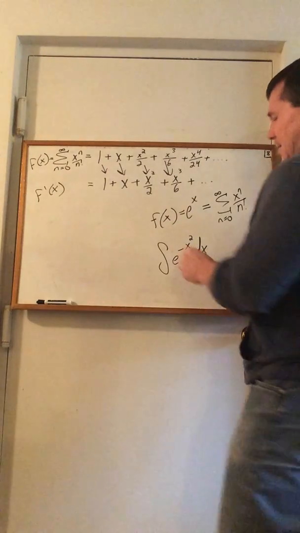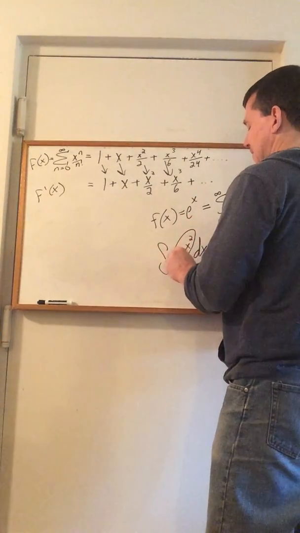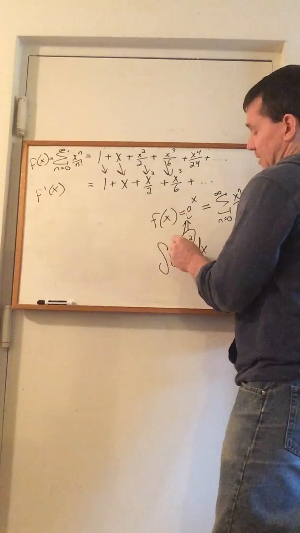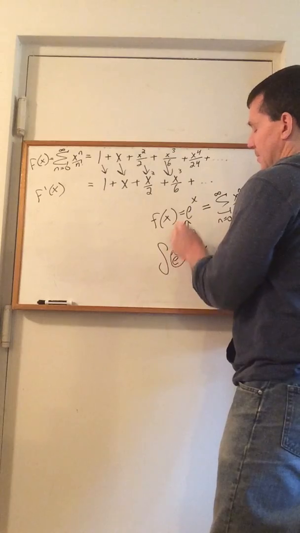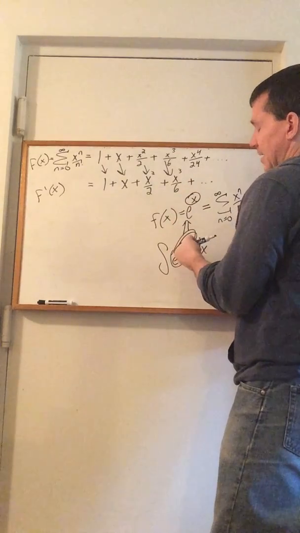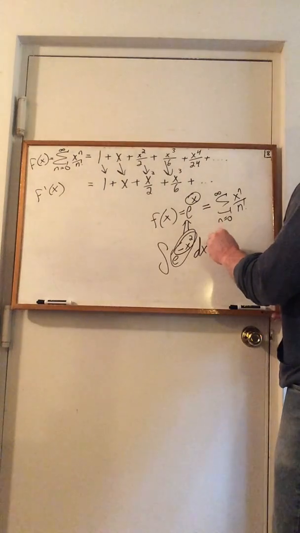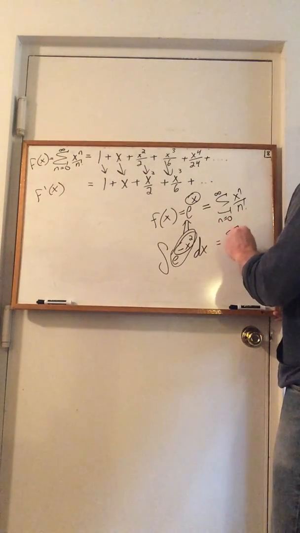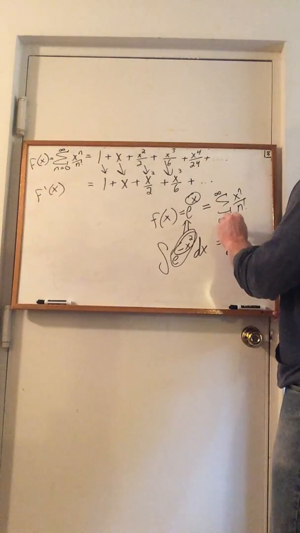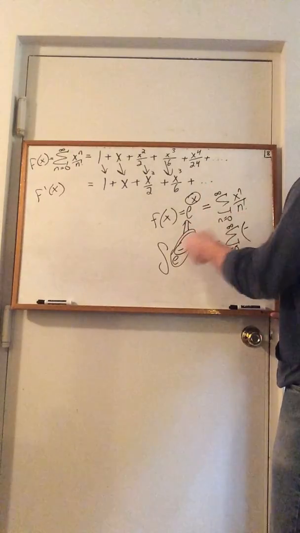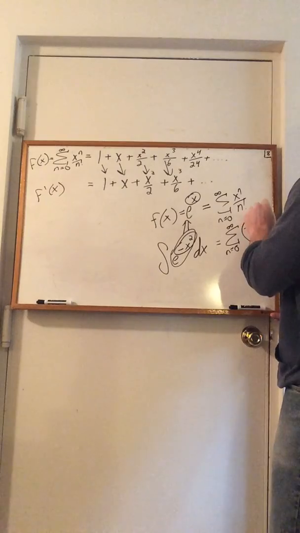But if I can take this function and make it look like that function, there's pretty much a direct substitution. Replace x with negative x squared. Then I can find the series representation. I can use the same one. Replace x with negative x squared.